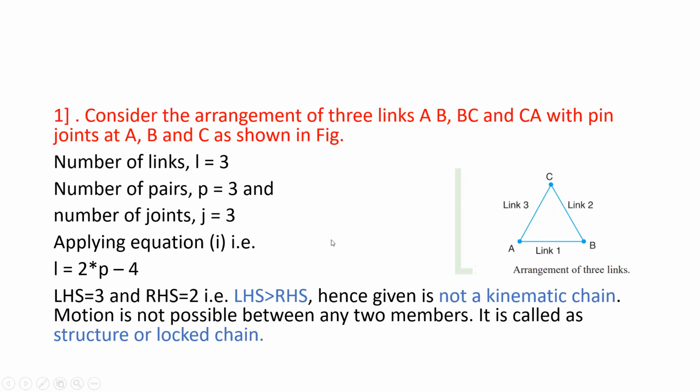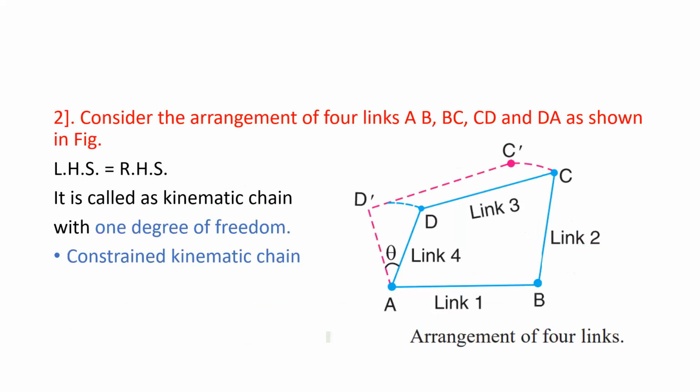Okay. Next, again, I consider this 4 links arrangement. It is link 1 AB, which is connected to link 2 BC, then link 3 CD, and then link AD, link 4.